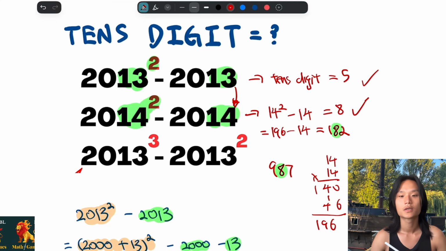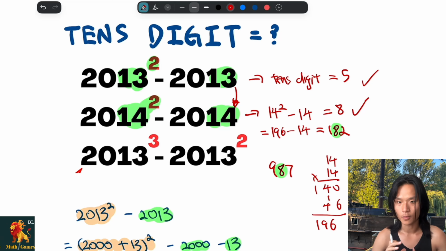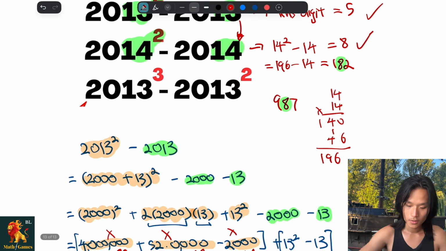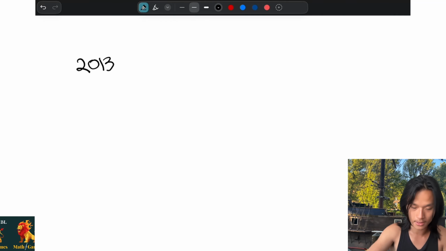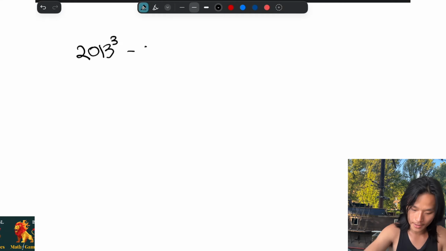Okay. So the first two questions I would say are easier than the last one because we will have to apply this reasoning at a bit higher level. So we have 2013 cubed minus 2013 squared. Let me open a new page. So we have 2013 cubed, and then minus 2013 squared.